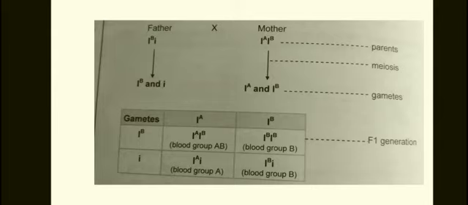So some gametes from the father are going to carry, in their genetic makeup, an allele or gene for blood group B, and others an allele or gene for blood group, what? O, okay, and your mother has some gametes with blood group A genes and some with blood group B genes.